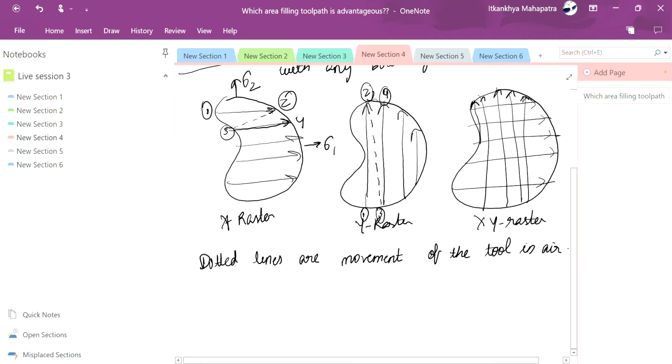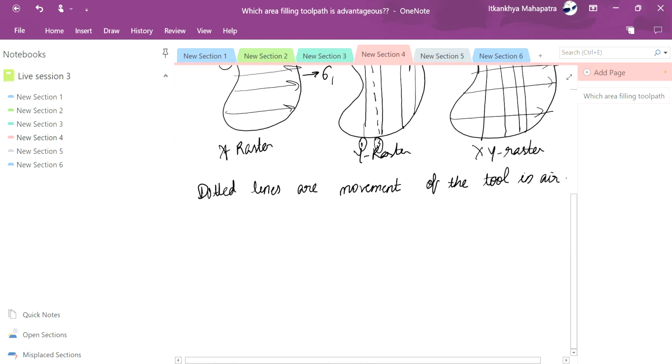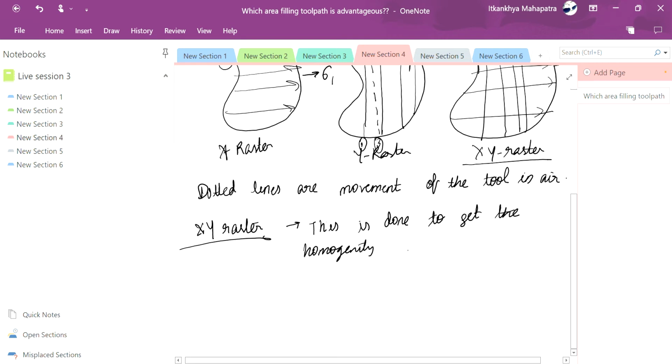Now what happens in XY after scanning is the tool moves along in X and Y direction. This is done to get the homogeneity in the deposited material property.